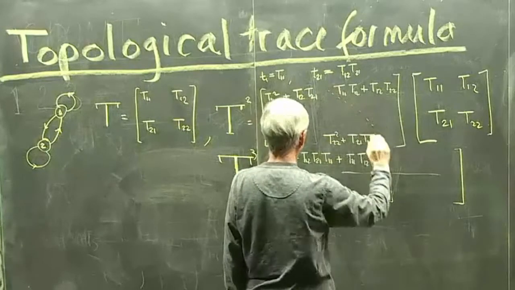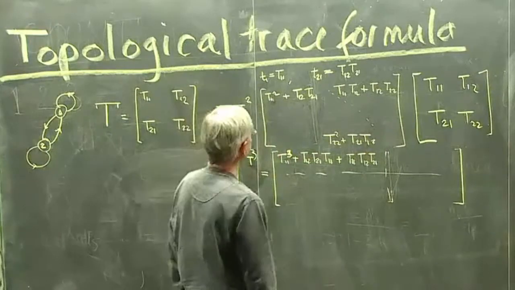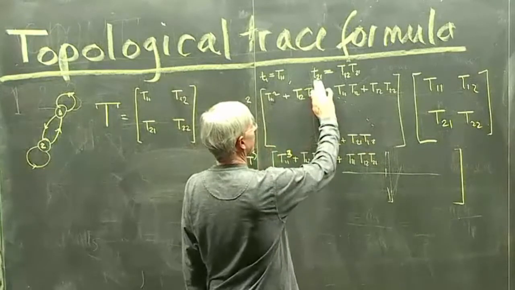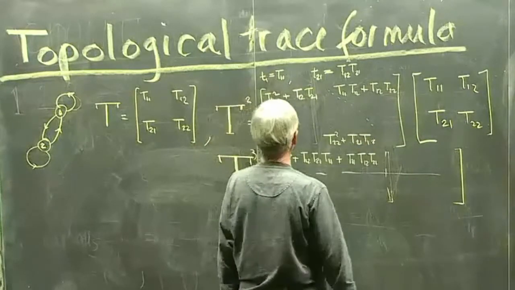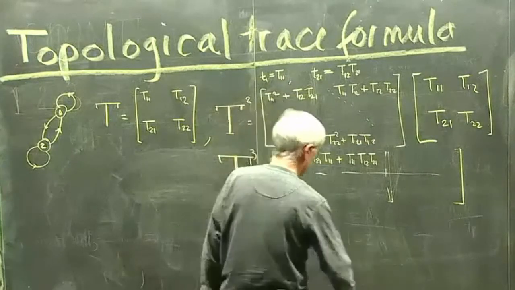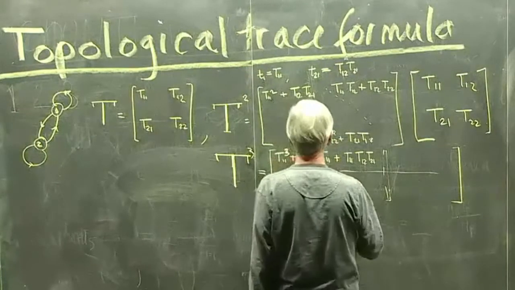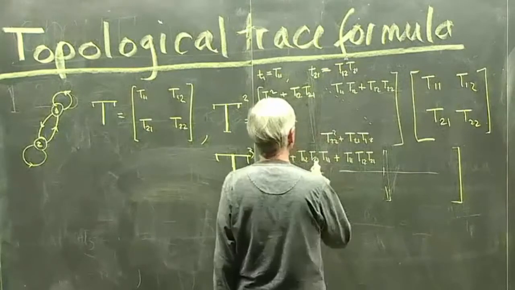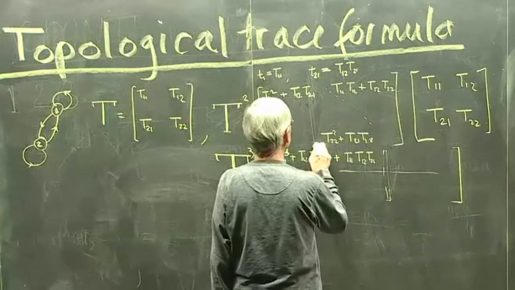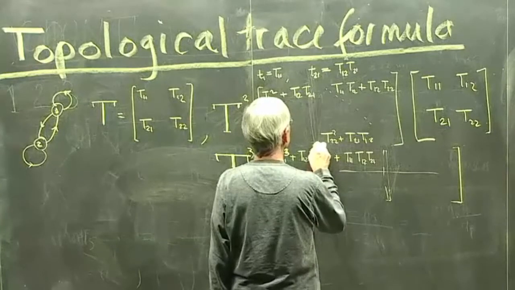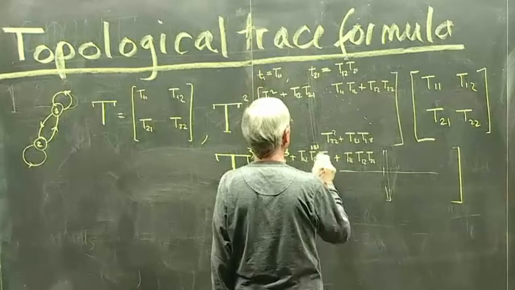And I'll ignore stuff off diagonal, as you'll see. Right now we don't need it. So I'll call this a little trace. It sits in the trace formula. Now when we look at the third one, if we start at 1, we go to 2, then from 2 we go to 1, and then from 1 we go back.